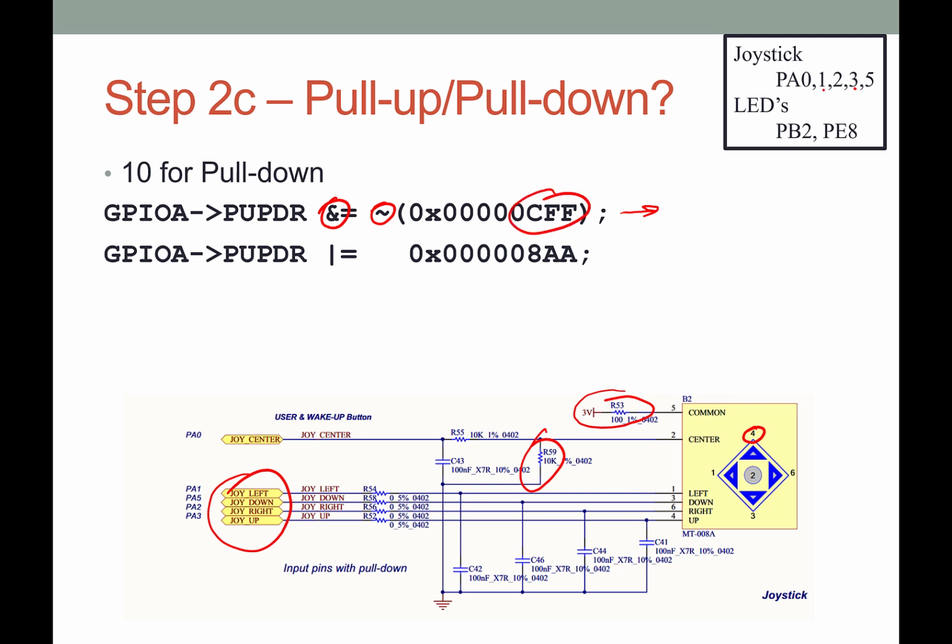CFF gives us 1111 1111, and then C is 1100, because D would be 1101, E would be 1110, and F would be 1111.